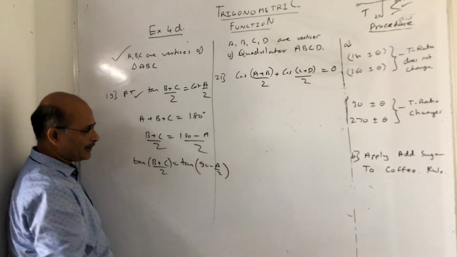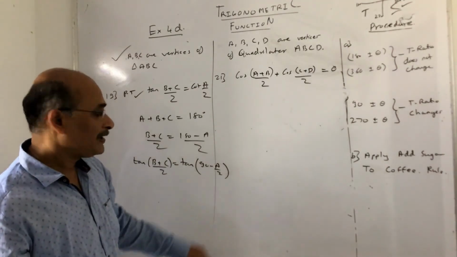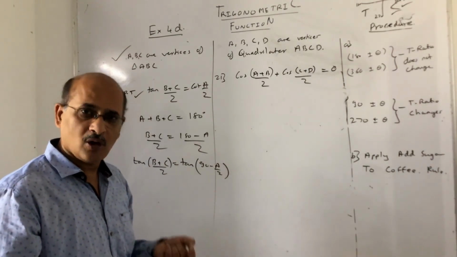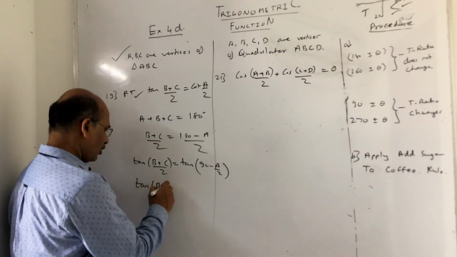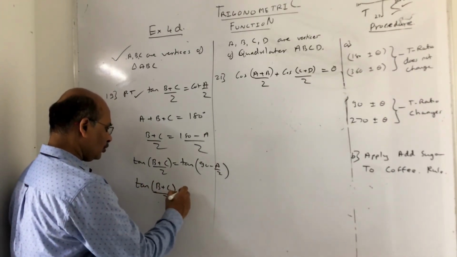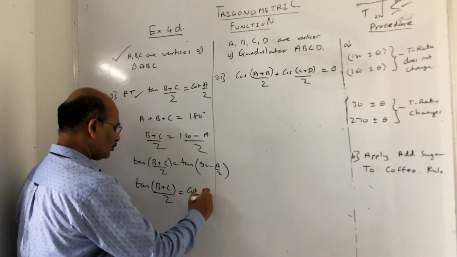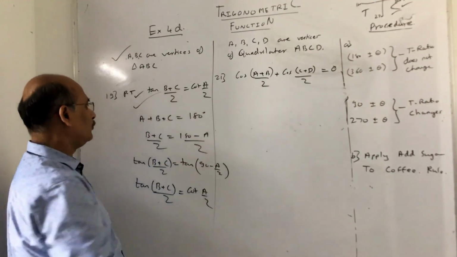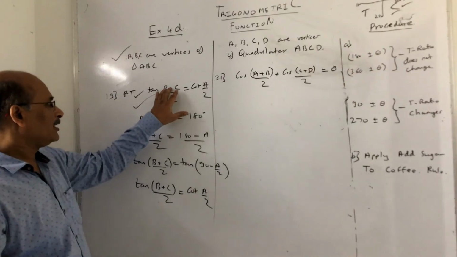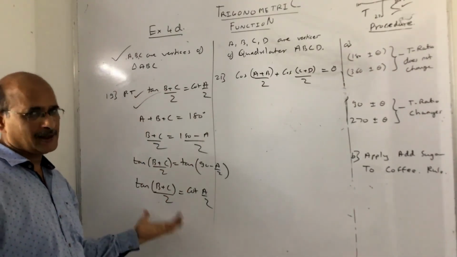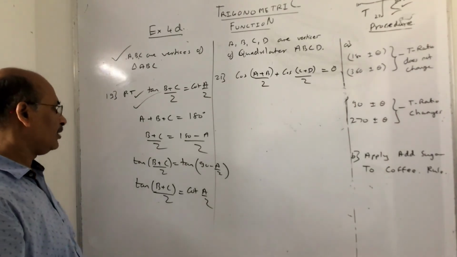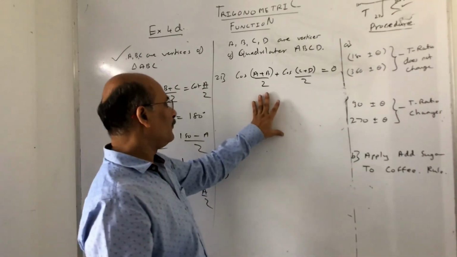Now what is tan of 90 minus theta? Cot theta. So eventually tan of B plus C upon 2 is equal to cot A by 2. That's what they are asking us to prove. So first generate the angle here, then take tan on both the sides and go ahead with the solution. That's an easier question, not a difficult one.